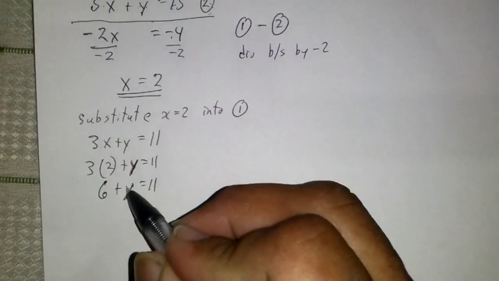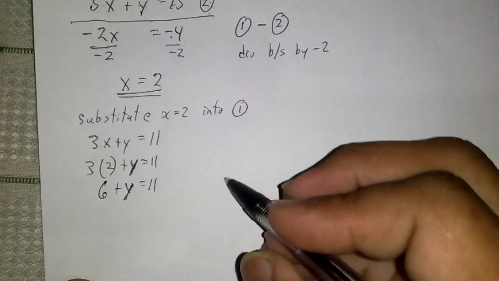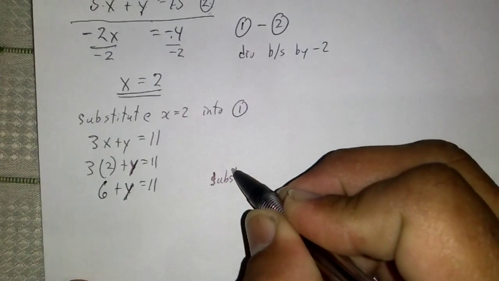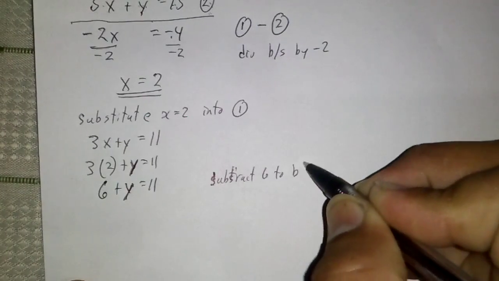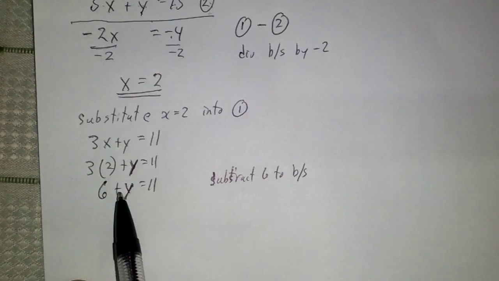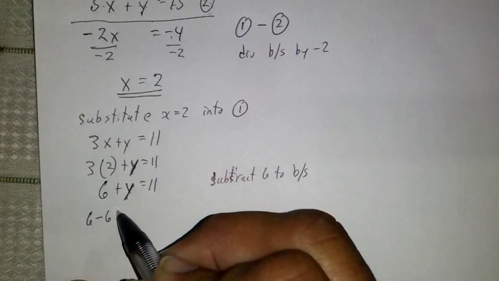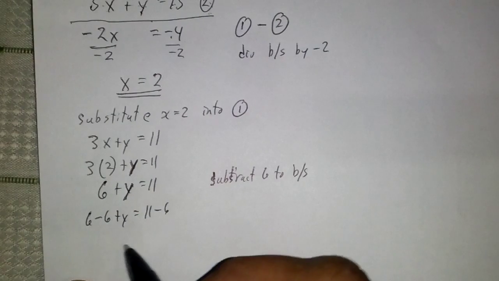However, we need to get rid of this 6 which is with this y. Because this is a positive 6, we will subtract 6 from both sides. If this was a negative 6, then we would add 6 to both sides. So 6 minus 6 plus y equals 11 minus 6.